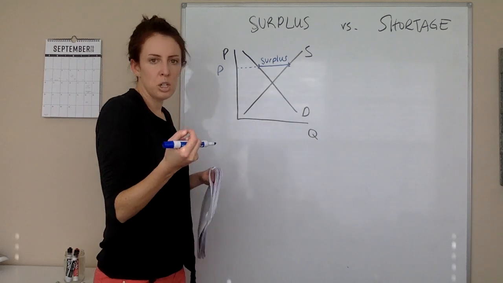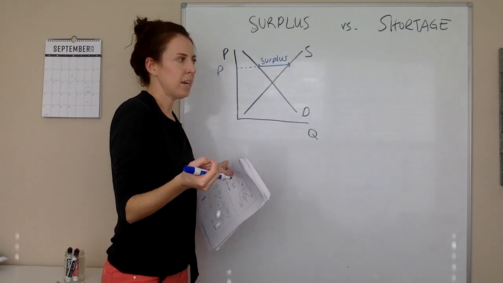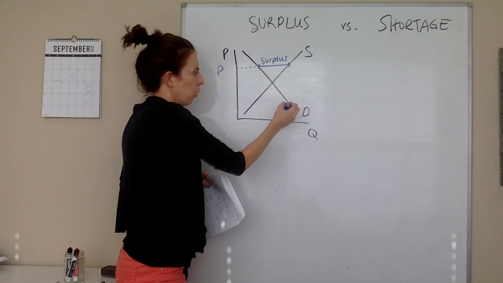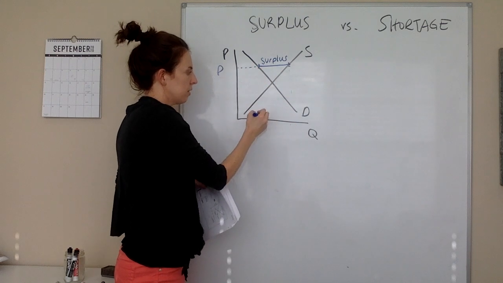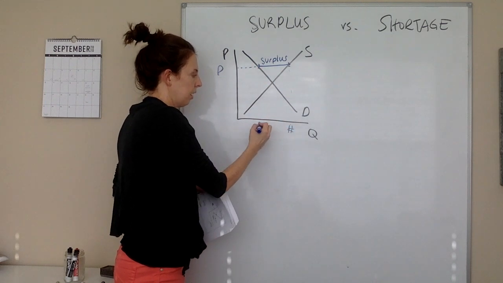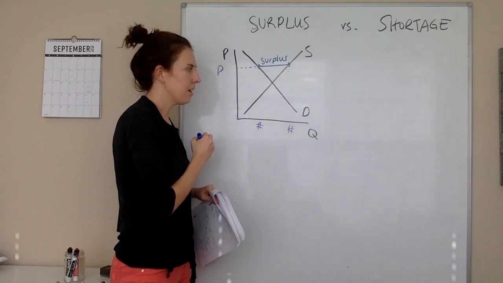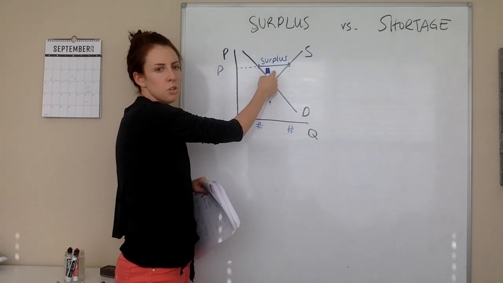To calculate numerically the number of units in excess, you figure out the quantity supplied and the quantity demanded. That's a number and a number. You subtract them, and that's the number of units you have in surplus.